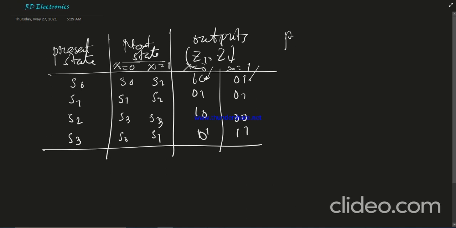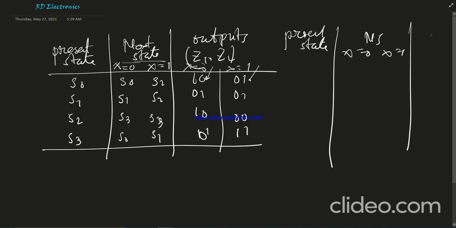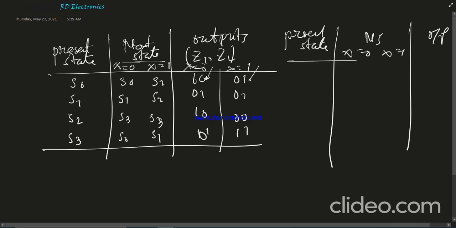And for the Moore type circuit, next is the present state, and this is the next state NS, for x equal to 0 and x equal to 1 also, and this is our output. The two outputs are Z1 and Z2.